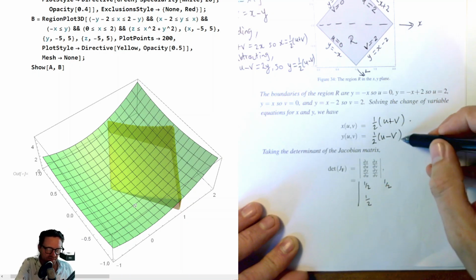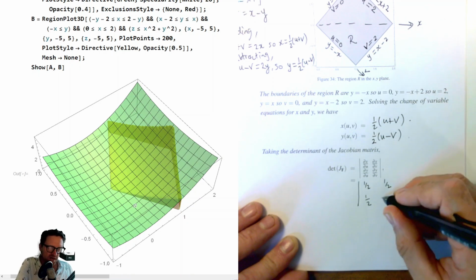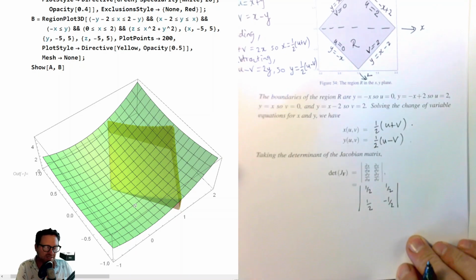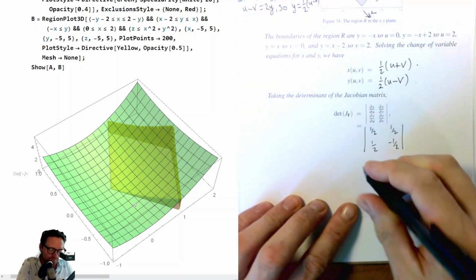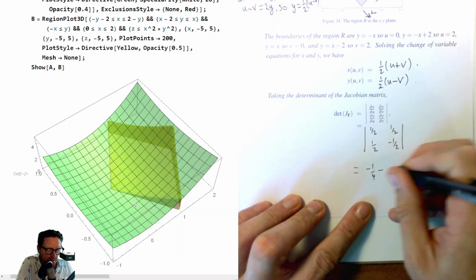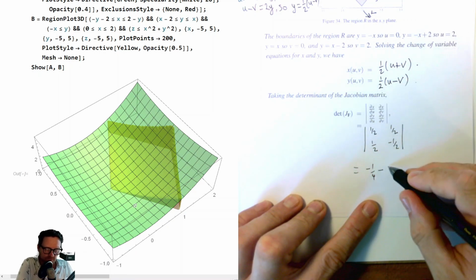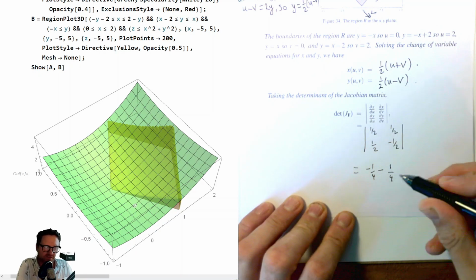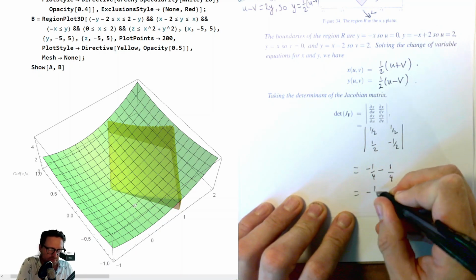And the partial derivative of y with respect to v is minus 1/2. So taking the determinant here gives us minus 1/4 minus 1/4. Now there are two of the quarters there, so we've got minus 1/2.